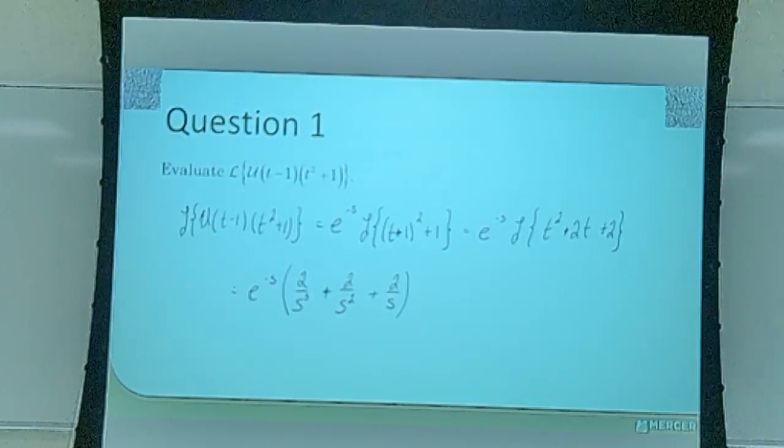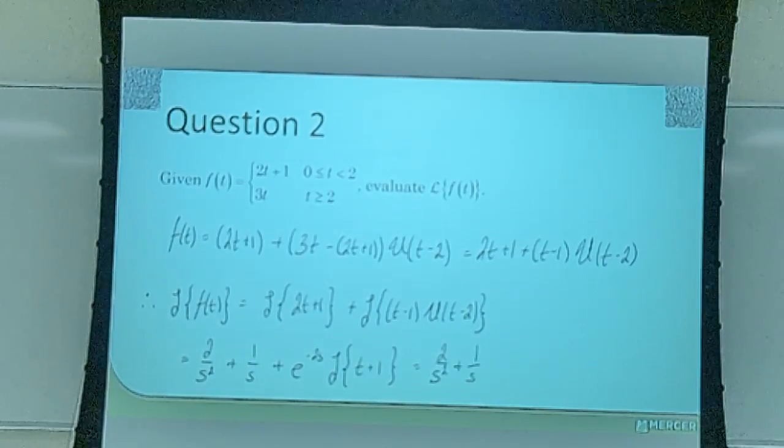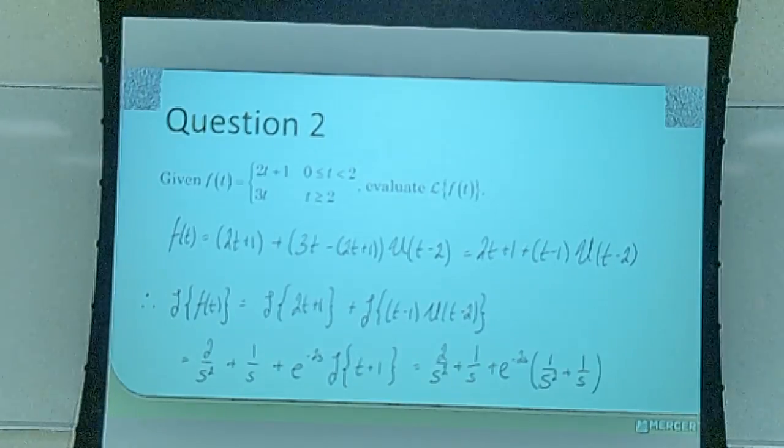Which makes this now t plus 1. Which makes that get transformed.